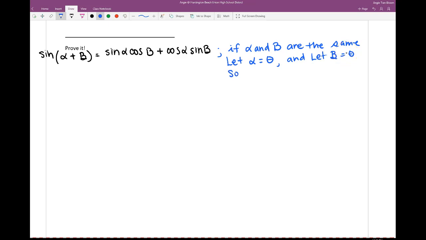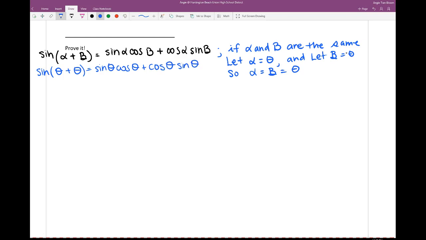So this means alpha is the same as beta because they're all what? Theta. So what I'm going to do is I'm going to substitute this in, okay? So every time I see alpha and beta, I will now use just theta, okay?